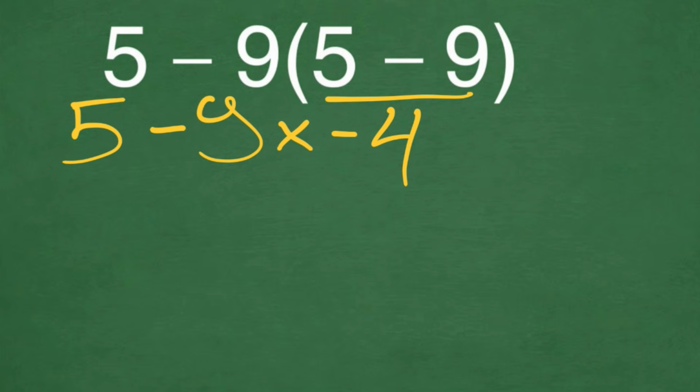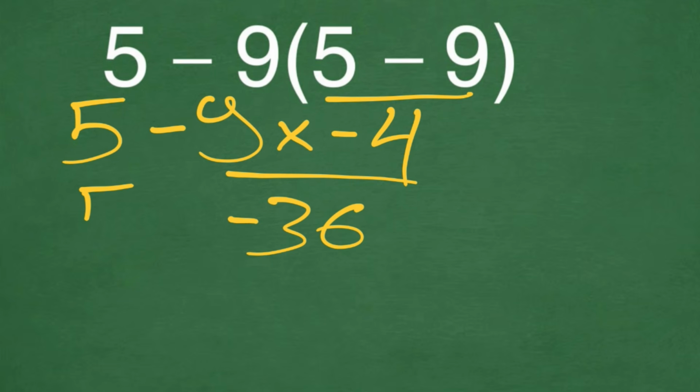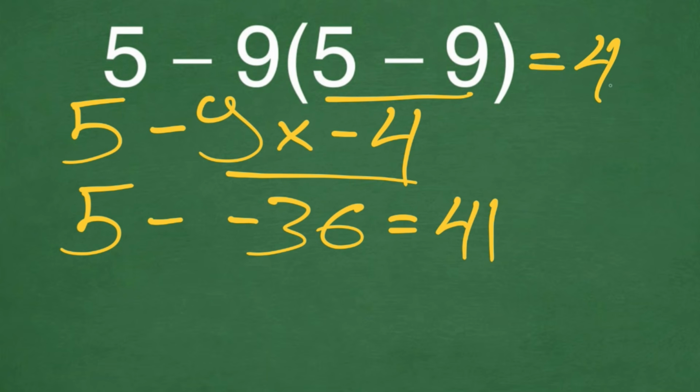But of course, we have to do the multiplication before the subtraction. So 9 times negative 4 gives us negative 36. And 5 minus negative 36 is equal to 41. So the final answer to this question is 41.